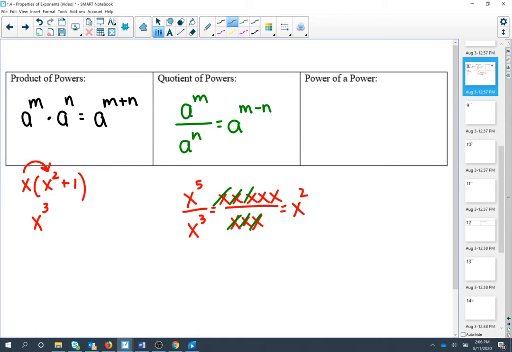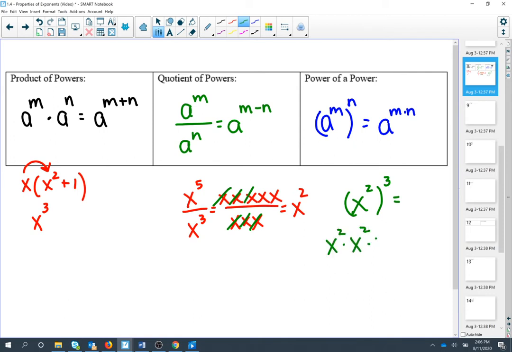Then we have power of a power. So this one is if you have a to the m quantity raised to the n, that's going to be a to the m times n. So if I have x squared and then I cube it, what you're doing is x squared times x squared times x squared.